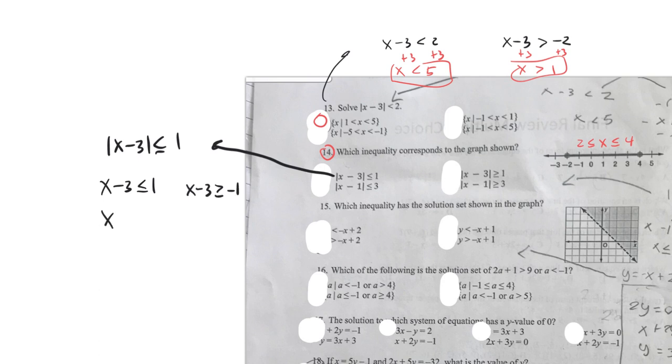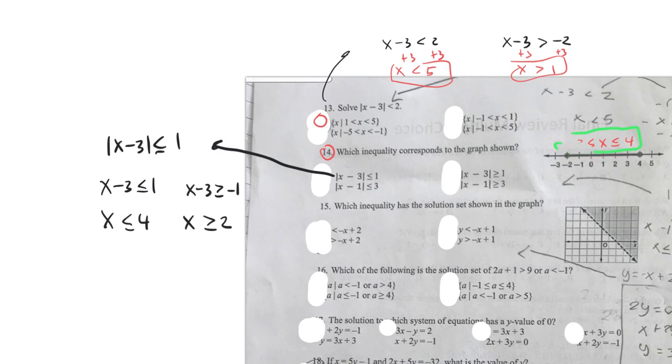And then go ahead and add 4 to both sides here. You would have x is less than 4, and adding 3 to both sides would give you x is greater than 2. And that actually is what's being said here. X is greater than or equal to 2, and x is less than or equal to 4. So that's one way of going about it. Another way of going about it is to always look for the midpoint of this barbell here.